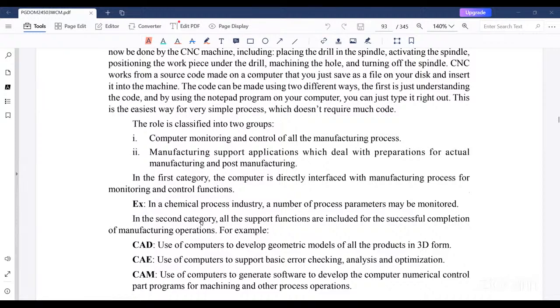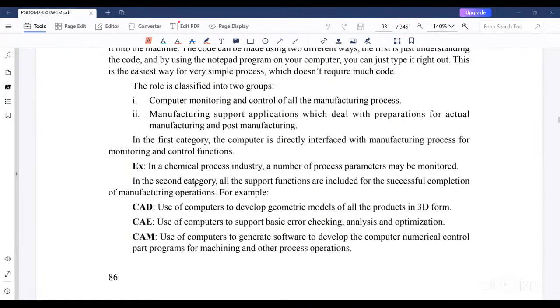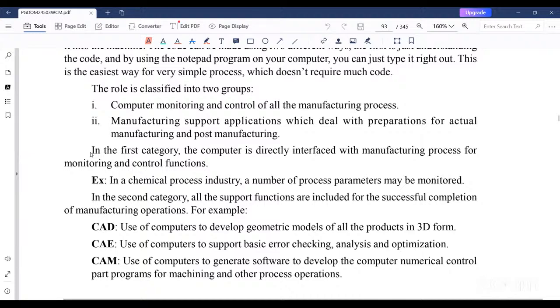In the first category, the computer is directly interfaced with the manufacturing process or monitoring and control tools. For example, in any chemical process industry, there are n number of process parameters which have to be monitored. In the second category are all the support functions included in the successful completion of manufacturing operations.